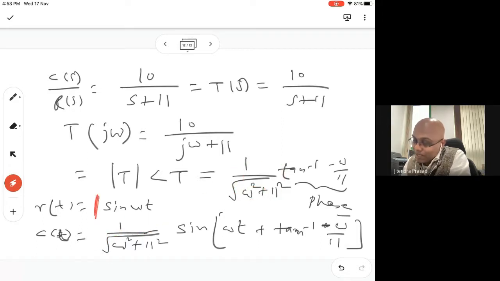Here we have 1; if we had A, so if we have A sine omega t, then we will have A multiplied here simply, then the magnitude, then sine of omega t plus the phase coming from this angle, tan inverse of minus omega over 11.